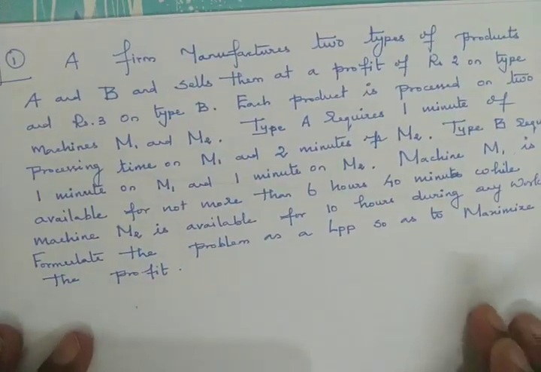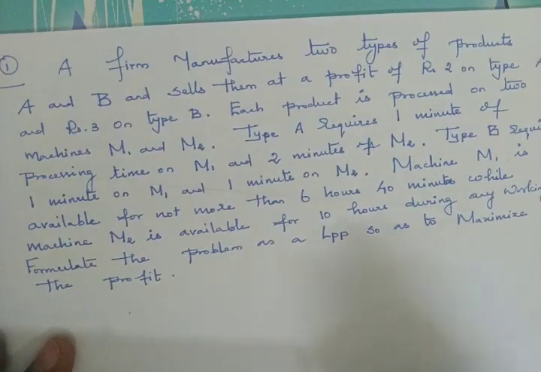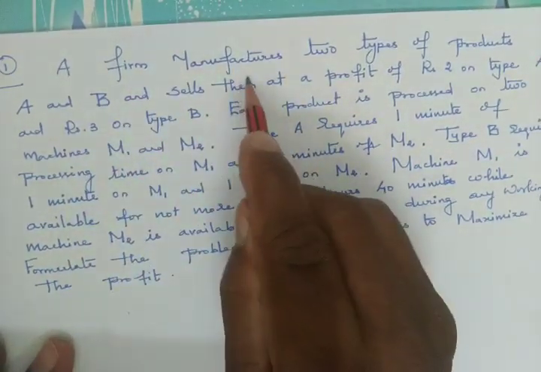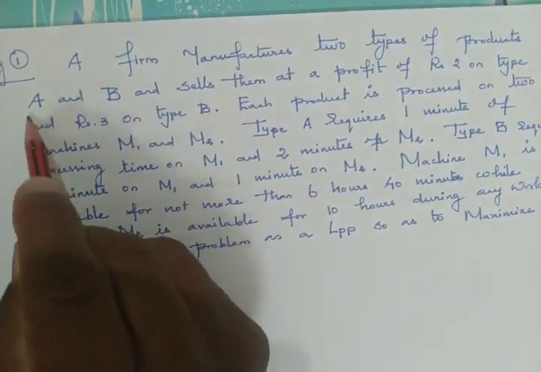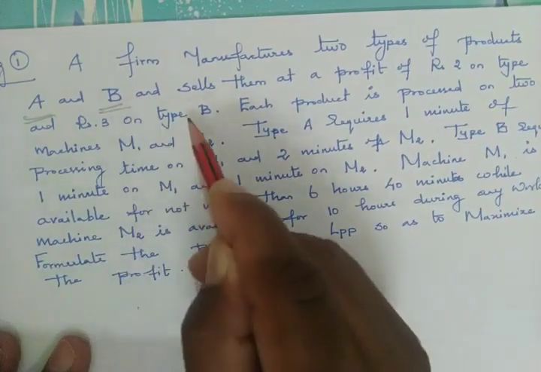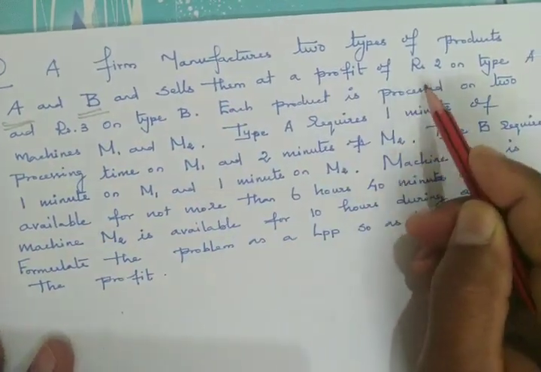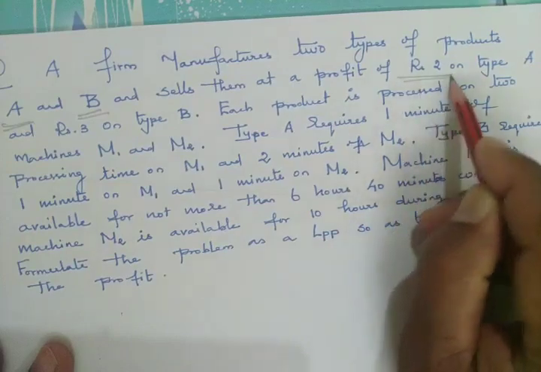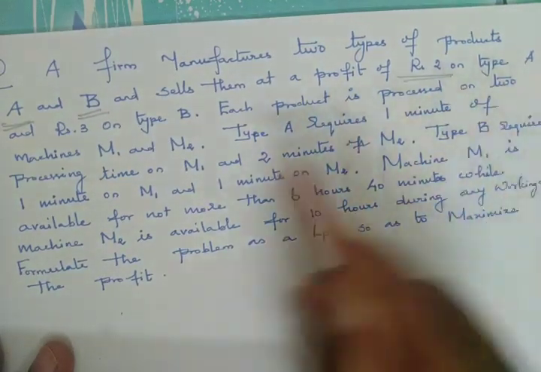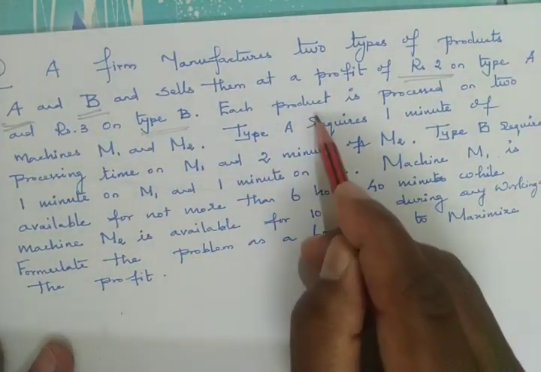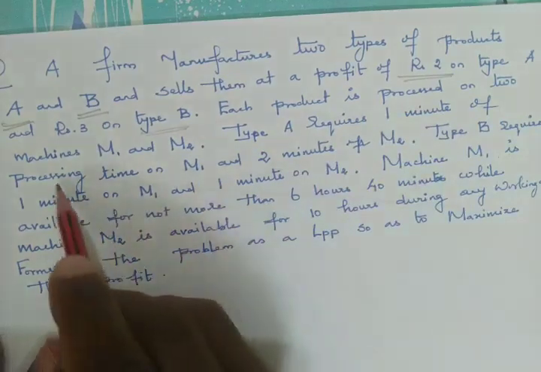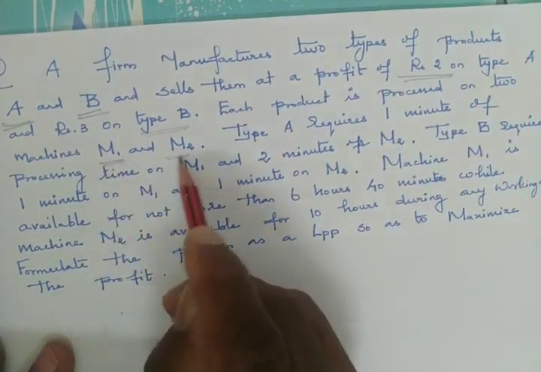Now we will discuss a few problems. Here the problem may be in the form of theory, like this, a big theory. A firm manufactures 2 types of product. The product names mentioned are A and B, and it sells them at a profit of rupees 2 on type A and rupees 3 on type B. Each product is processed on 2 machines, M1 and M2.